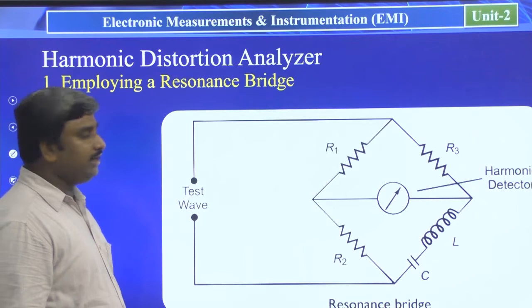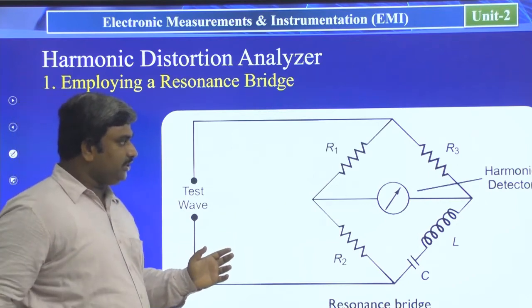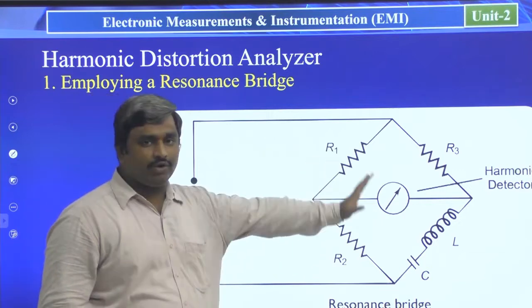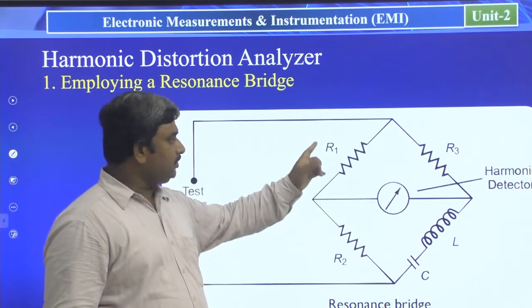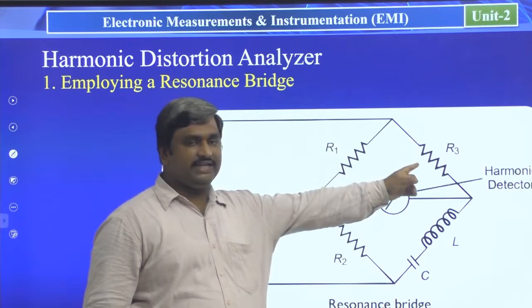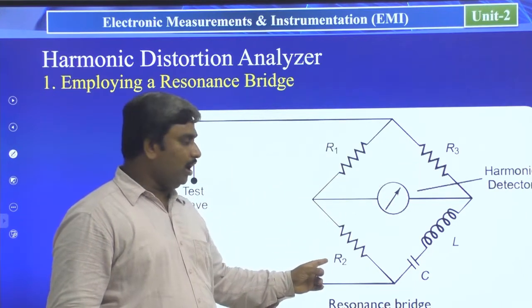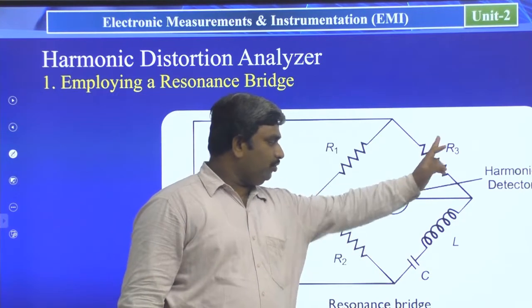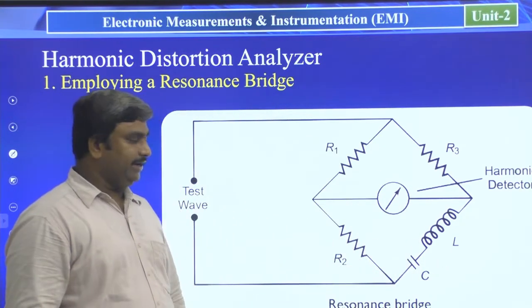In this resonance bridge, the bridge consists of a total of four arms. On the four arms we have R1, R2, R3, and the LC components.